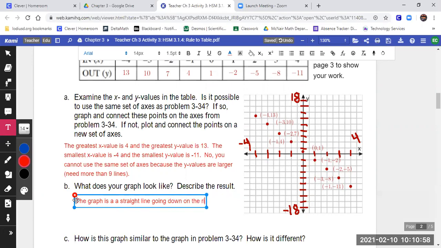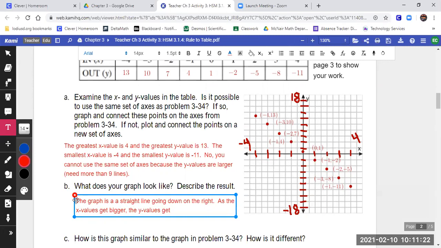Down on the right as the X values get bigger. The Y values do what? As the X values get bigger, the Y values do what?